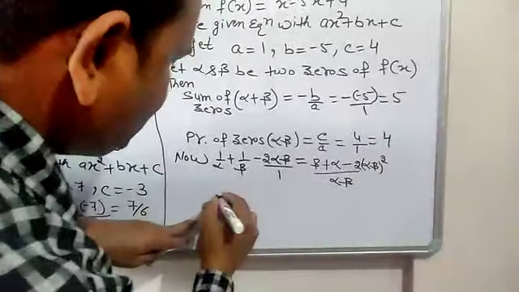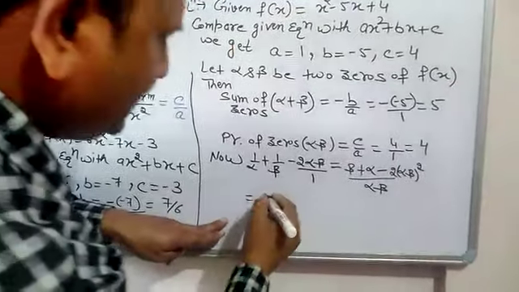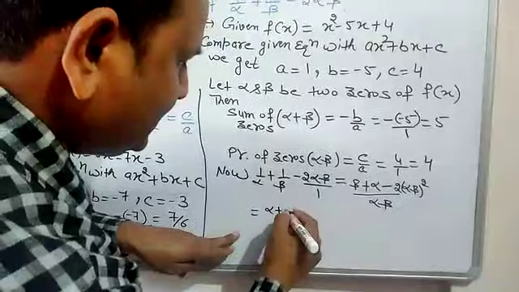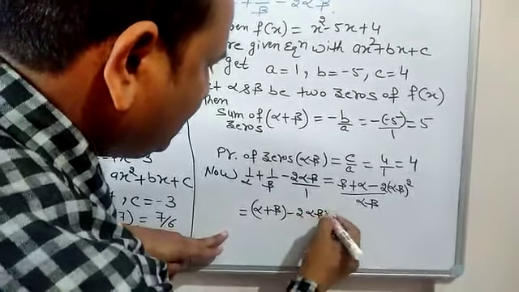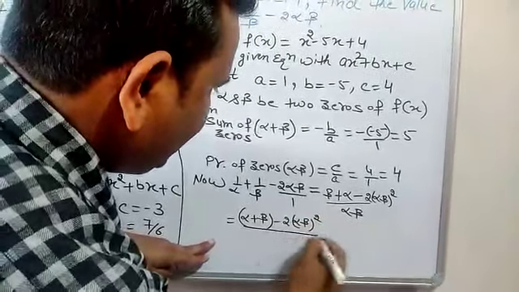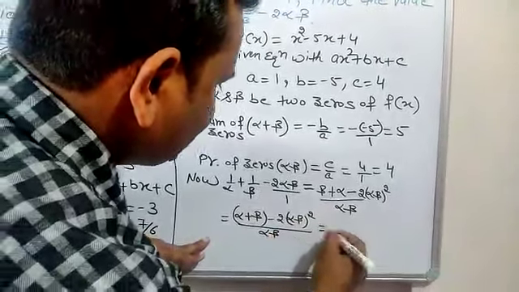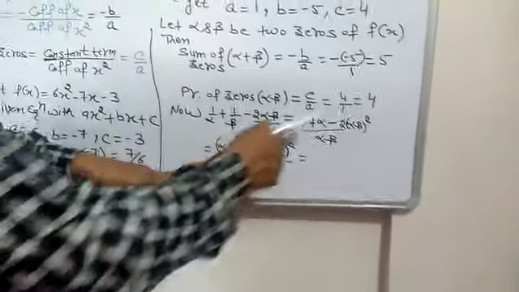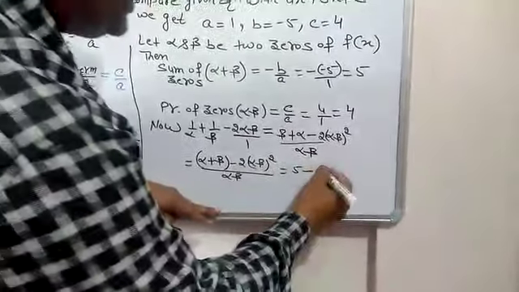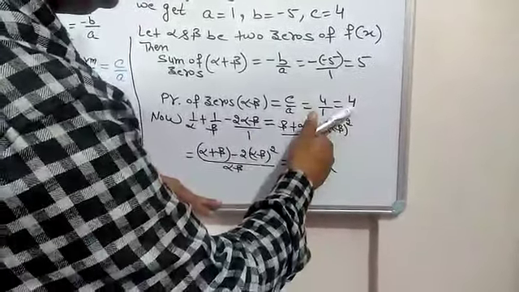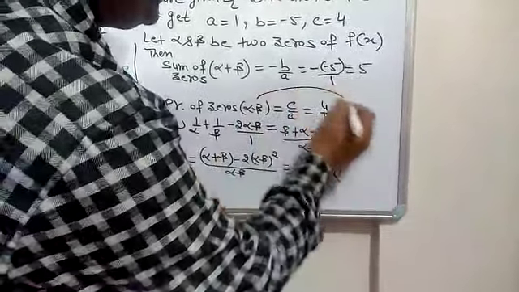So just substitute your values, but before substituting, you arrange it according to yourself. So I can write here alpha plus beta minus 2 alpha beta whole square divided by alpha beta, which further equals to the value of alpha plus beta is what? 5 minus 2, and the value of alpha beta is your 4.